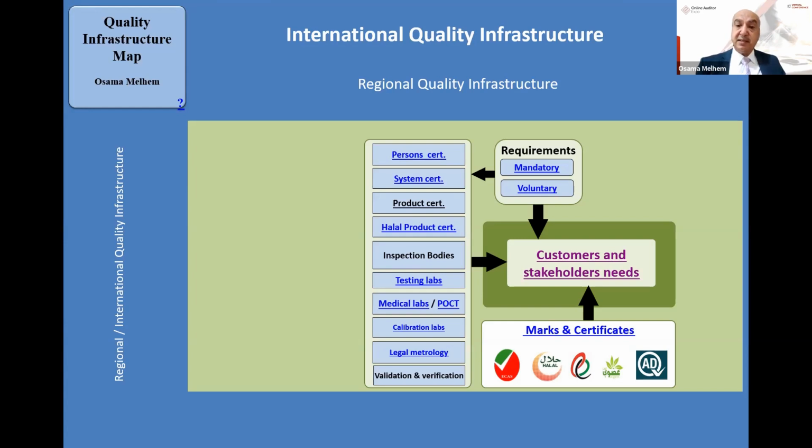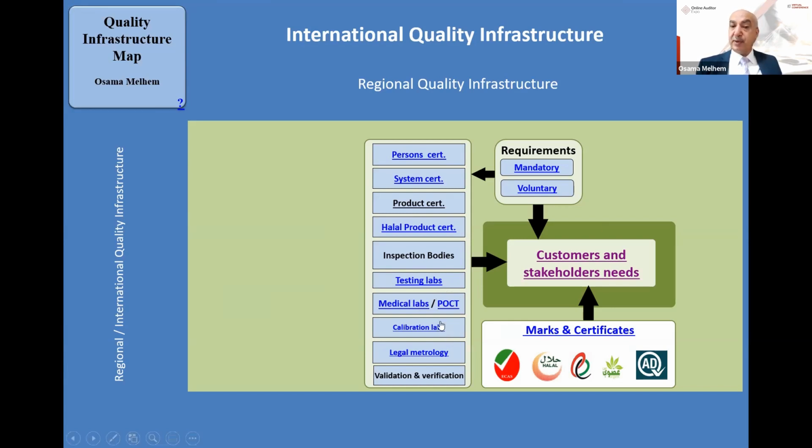Then we have the testing laboratories. Testing laboratories are very well known to the majority. If you have water, oil, or any engineering product, you bring a sample to the testing laboratory to be tested for a specific parameter. We also have medical labs. Yes, medical labs are considered part of the conformity assessment bodies.